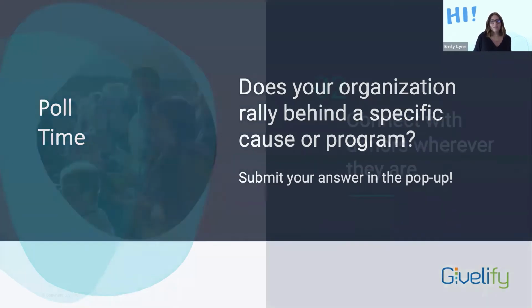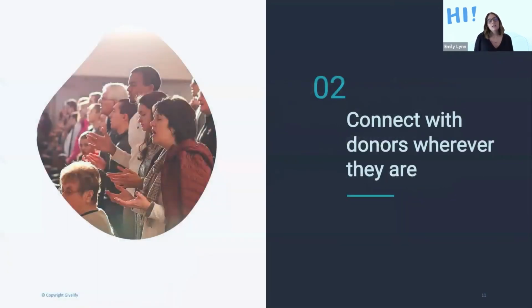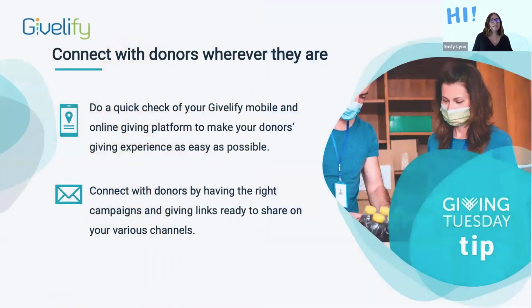All right. Thank you, Juana. So today I'm going to talk about connecting with your donors wherever they are. This is a big part of Givelify. Connecting with your donors is meeting them where they are online. So you want to start by doing a quick check of your Givelify mobile and online giving profile to make your donors' giving experience as easy as possible.